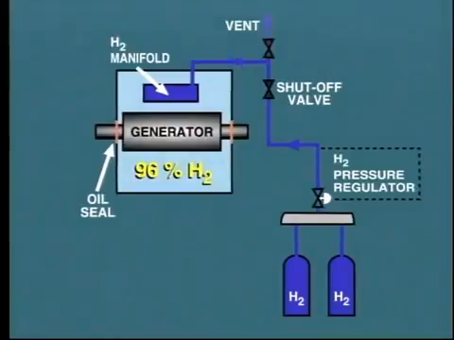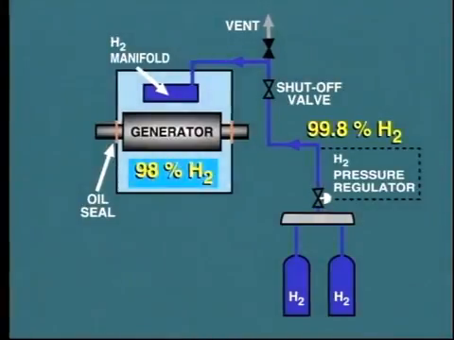That is, to vent gas from the generator to atmosphere and replace this with new gas directly from the hydrogen bottles. In this manner, we are exhausting gas which contains, say, 96% hydrogen and introducing gas of, say, 99.8% purity in its place. This will improve the average purity in the generator. So all of this ensures that we keep the gas mixture well above the upper explosive limit.